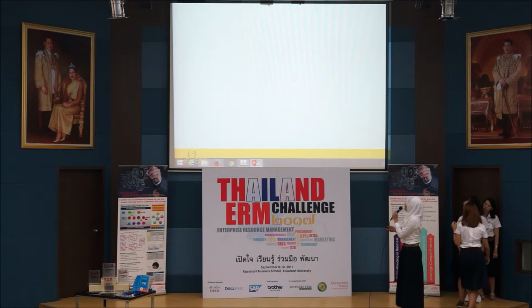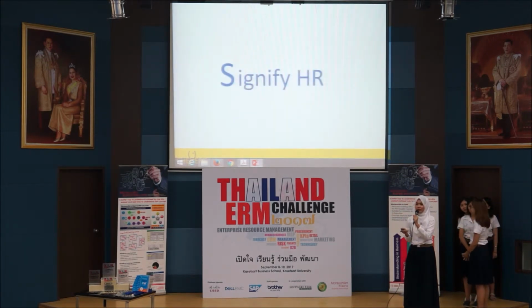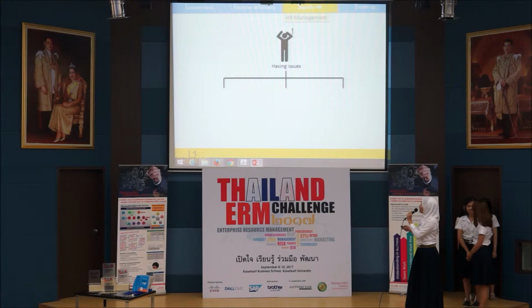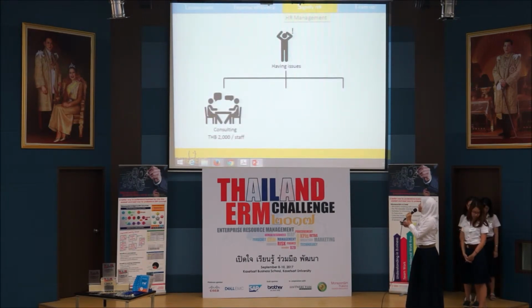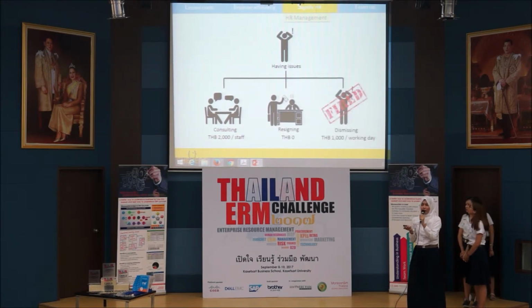The next thing would be the letter S, which signifies human resource. Human resource is one of the most important things that drive our business. In brief, when a customer has an issue, we would consult them because consulting is the cheapest. Resigning has no cost, but you have to hire new employees, and dismissing would be our last option because we want to keep people that have potential in our business.